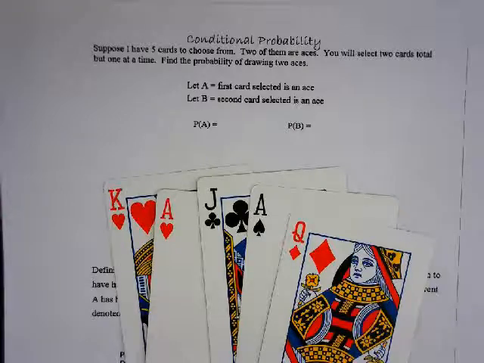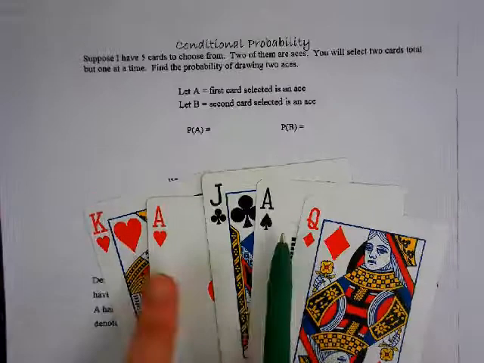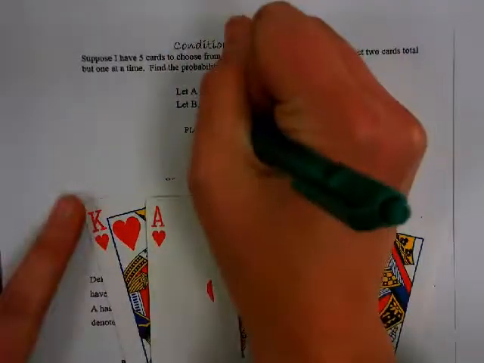So the probability of A, so what's the probability right now that if I pick a card, I'm going to get an ace? It's 2 out of 5, because we have 2 aces out of 5 cards total.